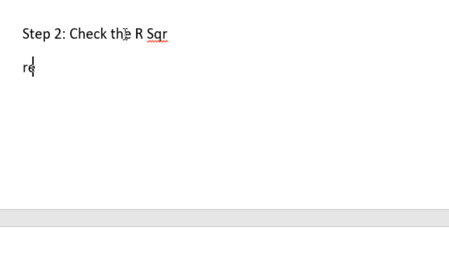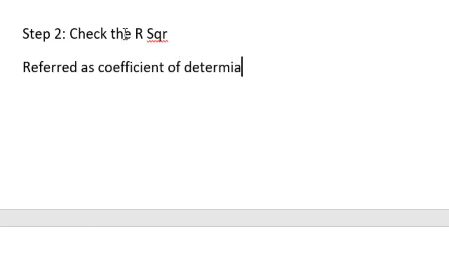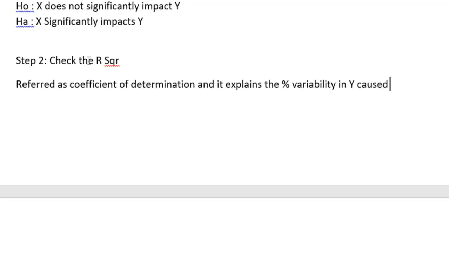R square is referred as coefficient of determination, and it explains the percentage variability in Y caused by X.